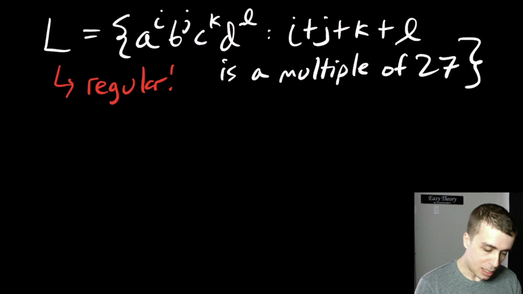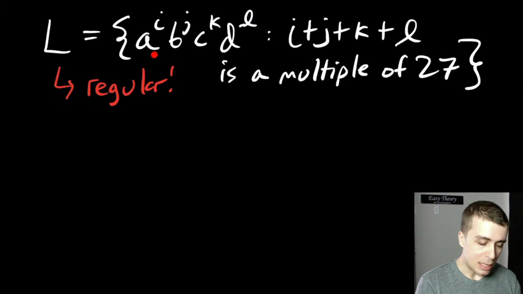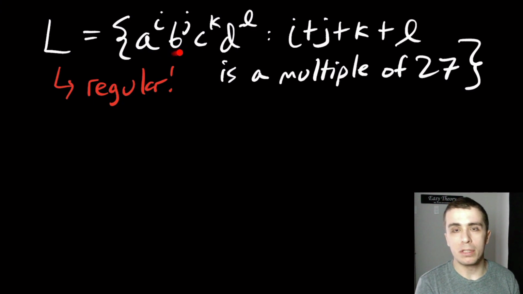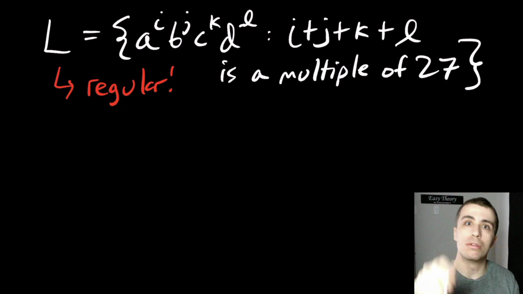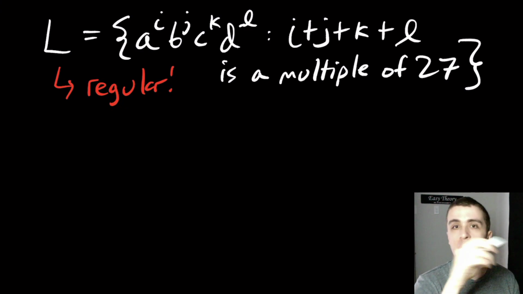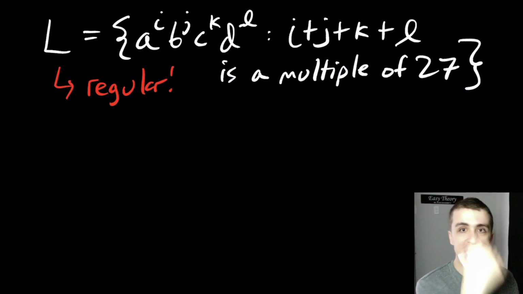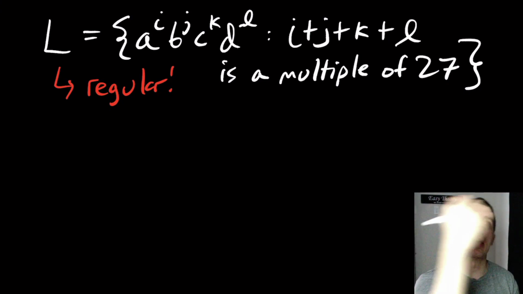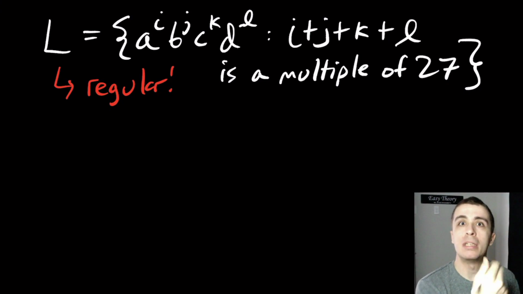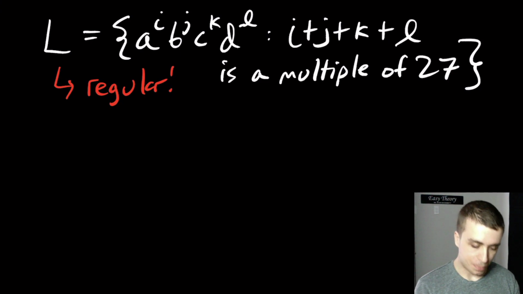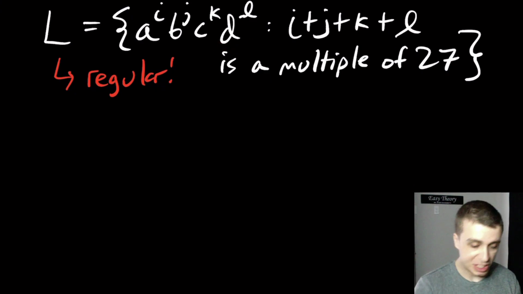So then what we do is, okay, we figure out what the remainder is after reading A's, zoom over to the B's, and then figure out how to determine the remainder after reading some number of B's, and then go to C's, and then go to D's, and then have the state that corresponds to a multiple of 27 so far be the one for the accept state in the D cycle.